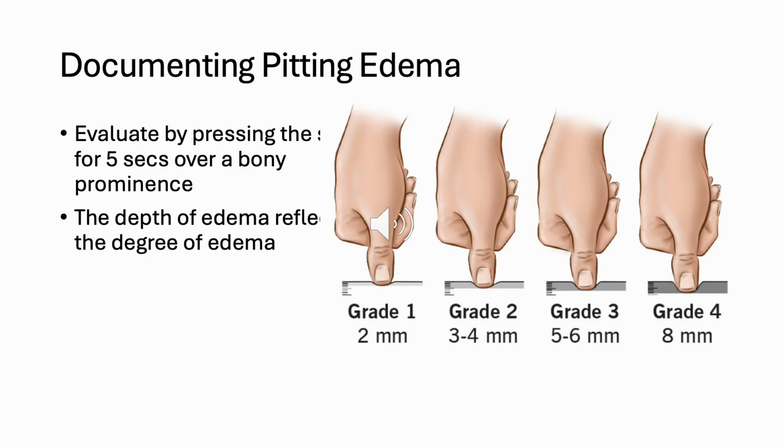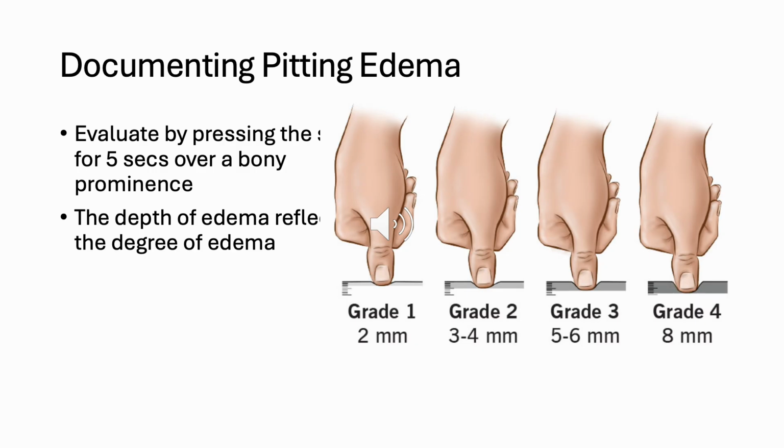When we get to grade 2, it's considered mild edema, and there'll be a 4 millimeter indentation, and it's going to take 10 to 15 seconds to recoil back the skin. +3 equals moderate, and the skin will indent to 6 millimeters, and there'll be a prolonged skin response, meaning it'll take longer to recoil back to normal than +2 and +1.